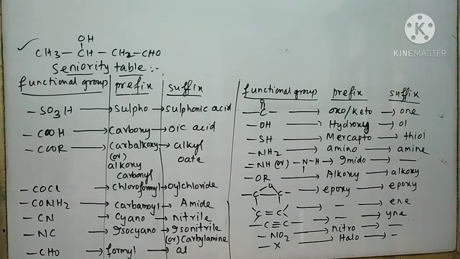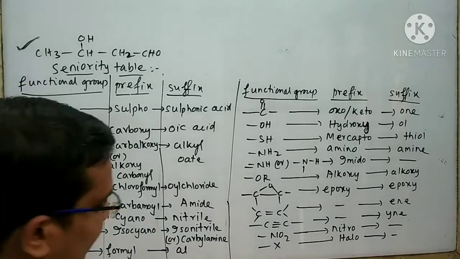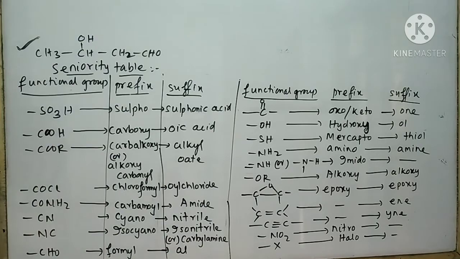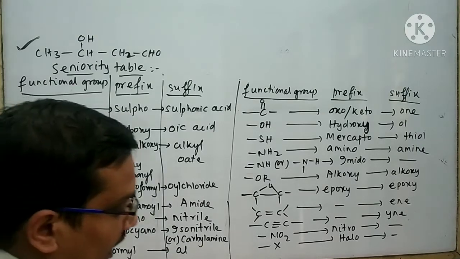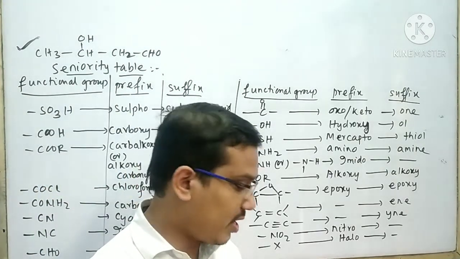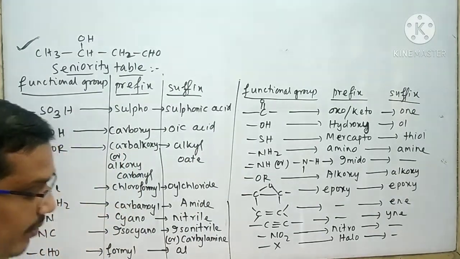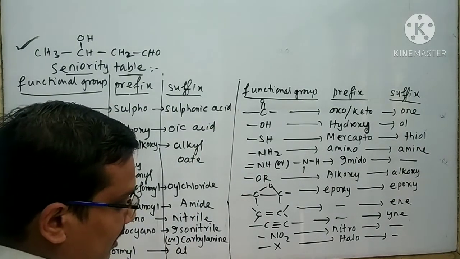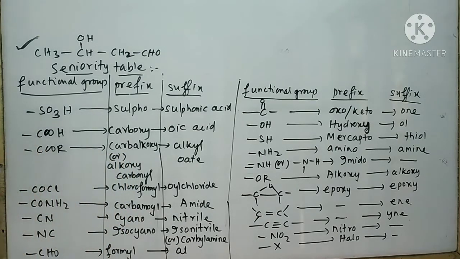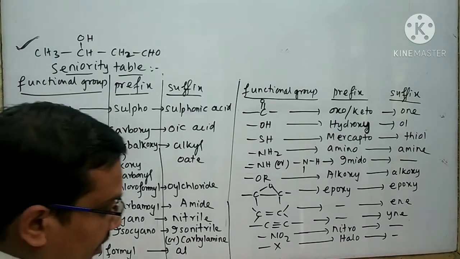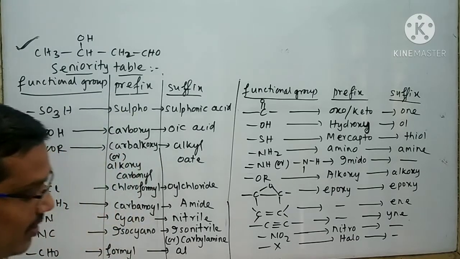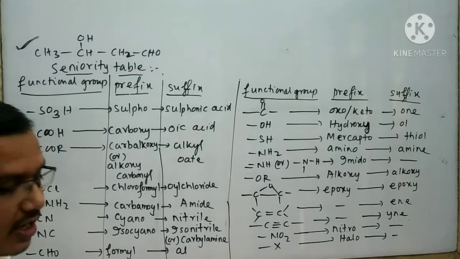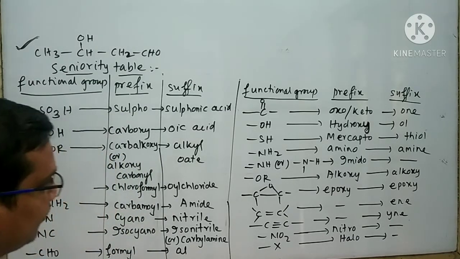Our aim is to give a name to this organic compound. For naming such organic compounds, we generally follow a rule. The rule is: when an organic compound contains two or more different functional groups, one functional group is regarded as the principal functional group and the other functional group is treated as the secondary functional group or substituent.